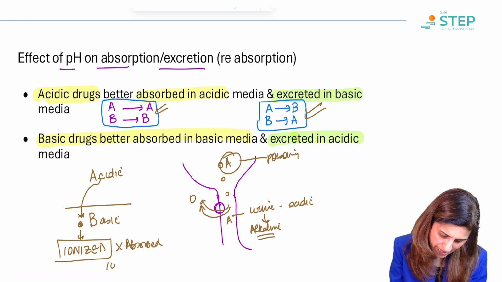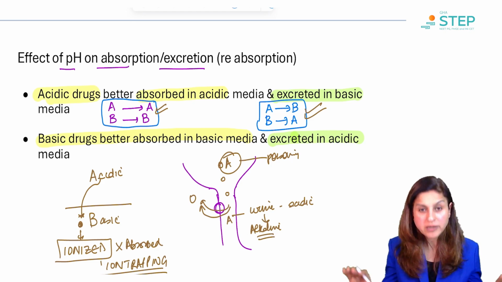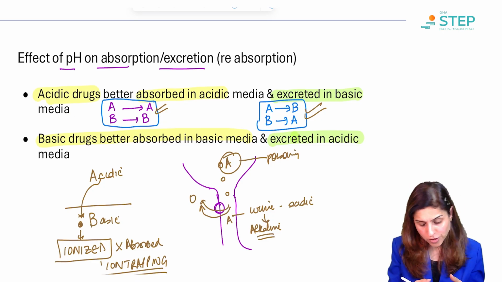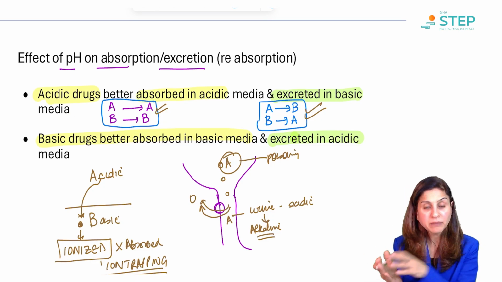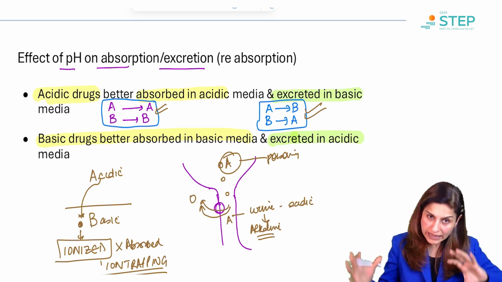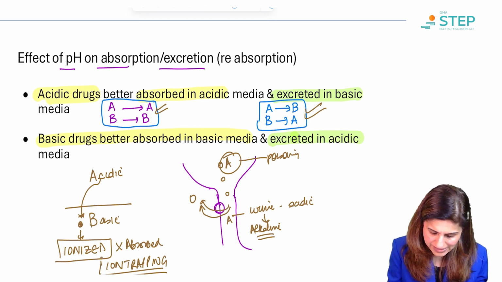And this is called ion trapping. Right? So ionized fractions are not absorbed. Unionized fractions are better absorbed. So therefore, when acidic drug enters into the basic medium, it will become ionized. So it will not be able to come back into the body by the process of reabsorption. So this is called ion trapping.